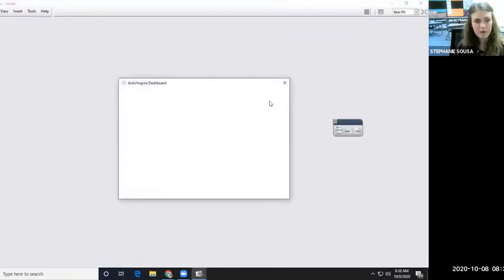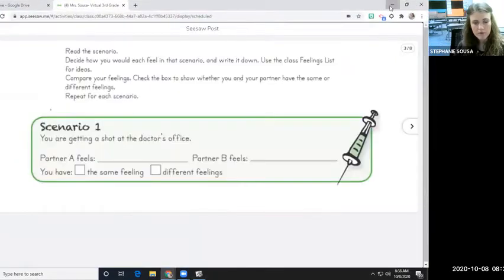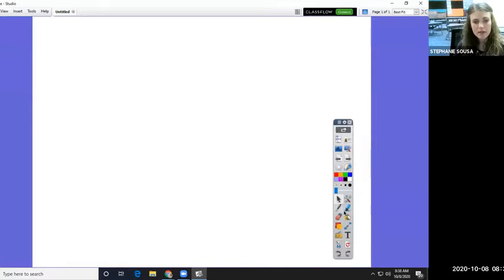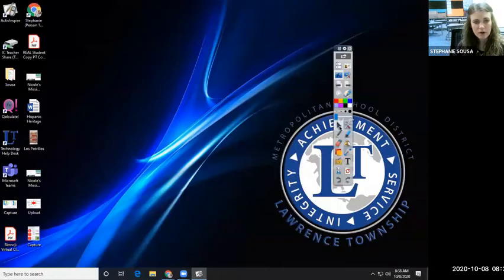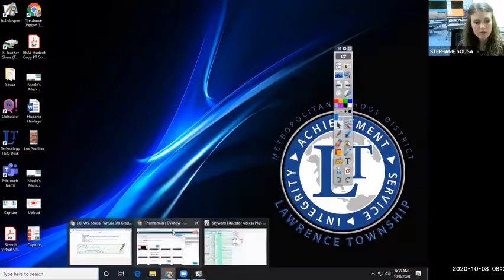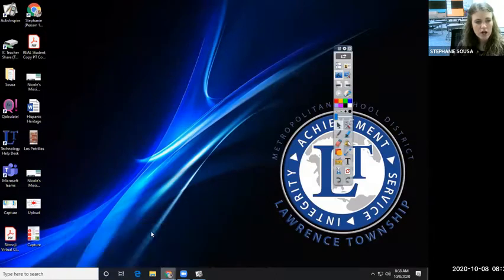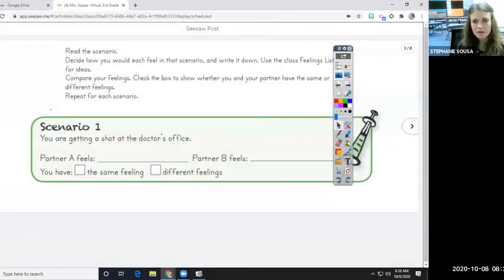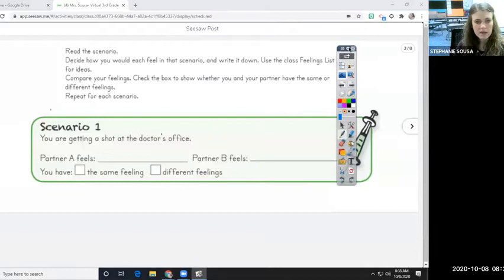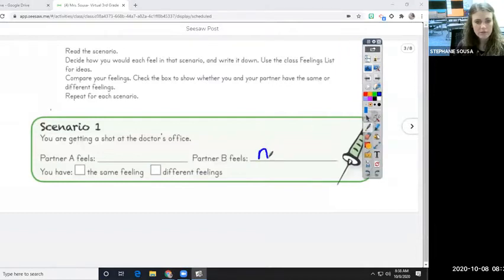If I am partner B, and let's say my assigned partner in my breakout room was Josh, and Josh was partner A, so partner B is me, I'm going to write down that I would feel nervous.